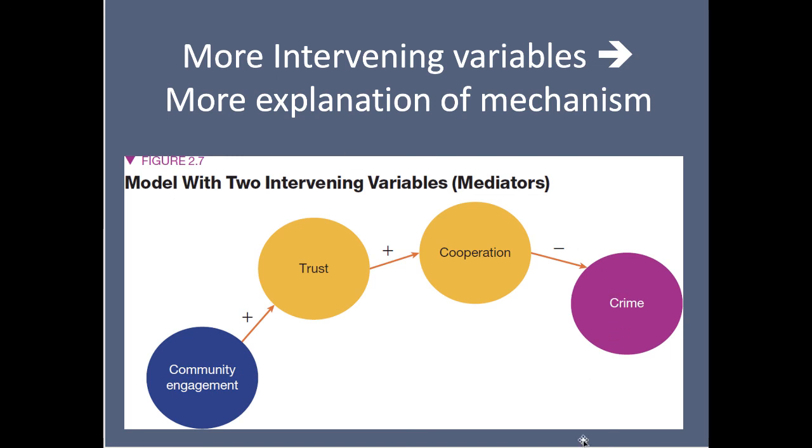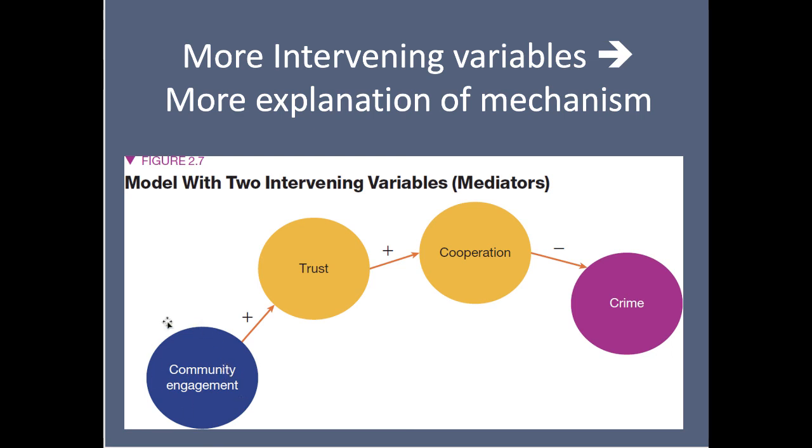So now this theory of community policing that involves greater engagement with the community and why you think that should reduce crime has been spelled out more. The intervening variables tell us how and why we believe this will happen. And together they form a mechanism.